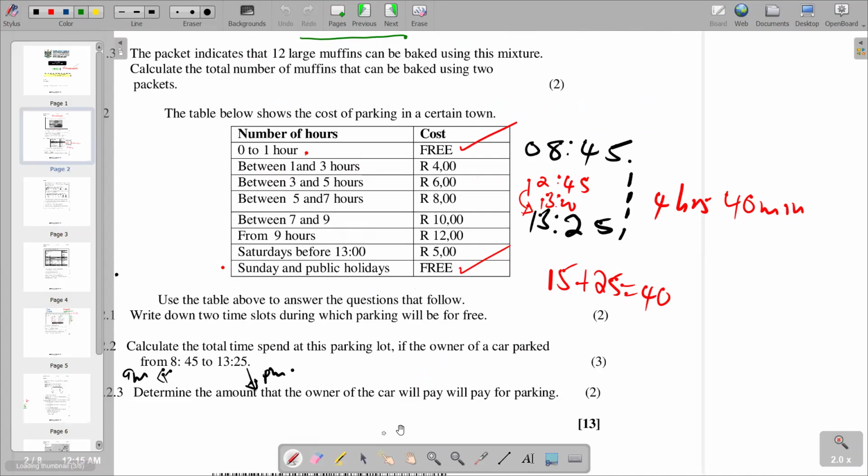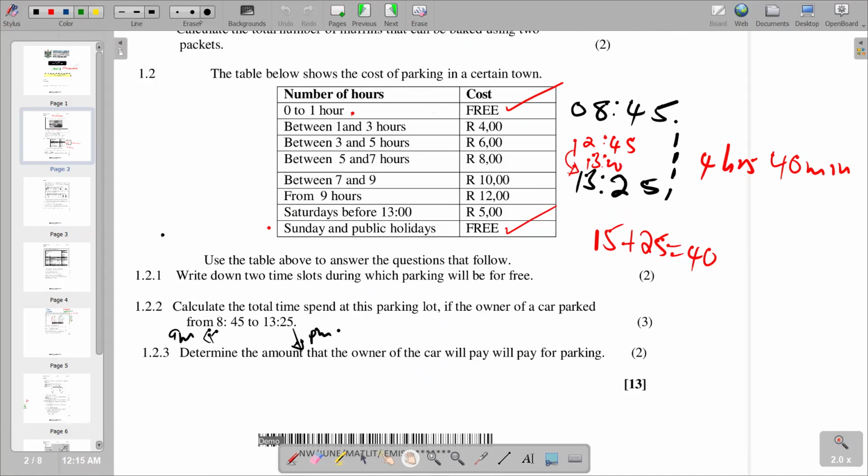Then moving on, we are now on the last part of our question, which reads: determine the amount that the owner of the car will pay for parking.